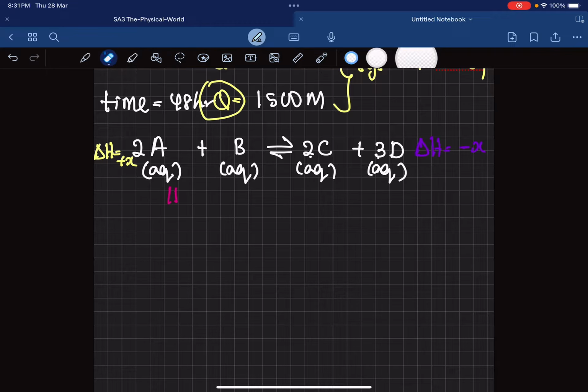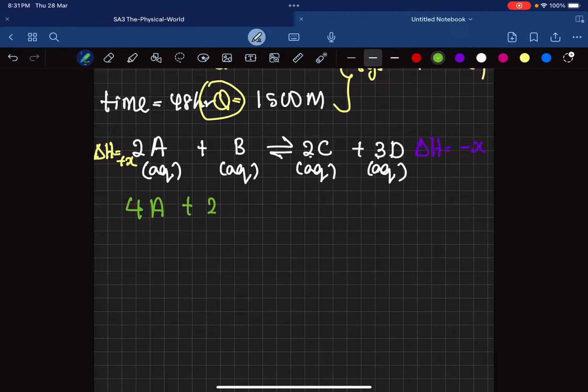Let's say in the exam, or under whatever circumstances, you're given an equation: 4A plus 2B gives 4C and 6D. I hope you can see what just happened here.